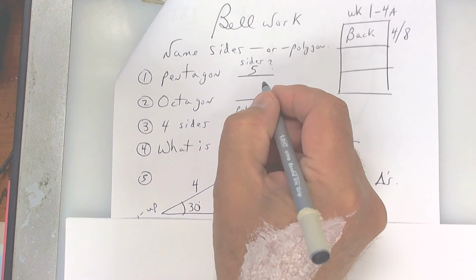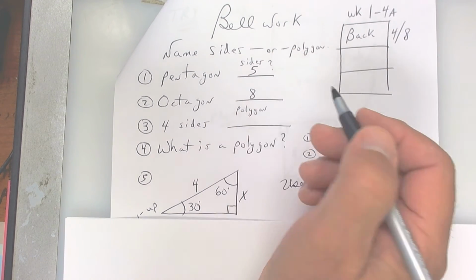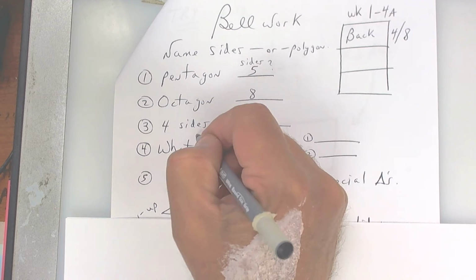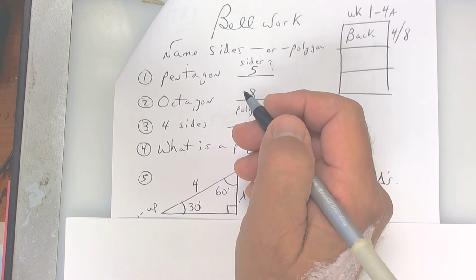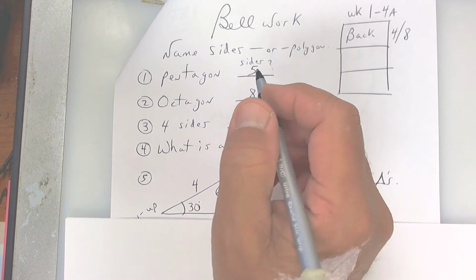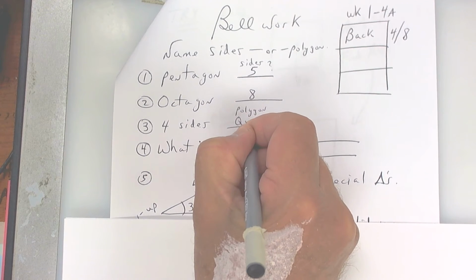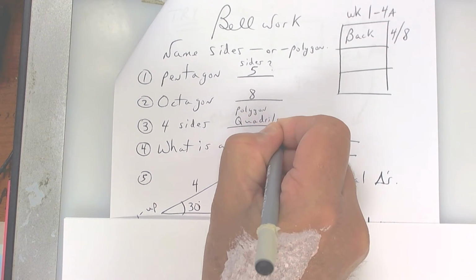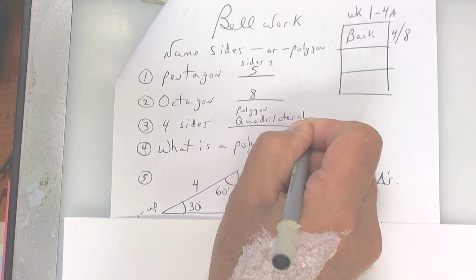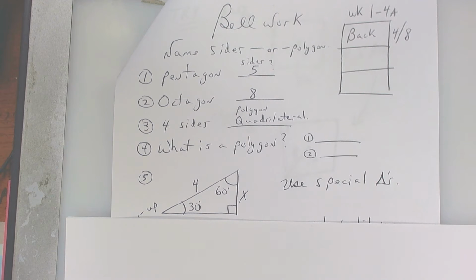If it's an octagon, it has 8 sides. If it's a 4-sided figure, a square is part of it, but it's actually a quadrilateral. Okay, so if you say square, that won't be acceptable. If you say rectangle, it won't be acceptable. Those are examples of a quadrilateral.